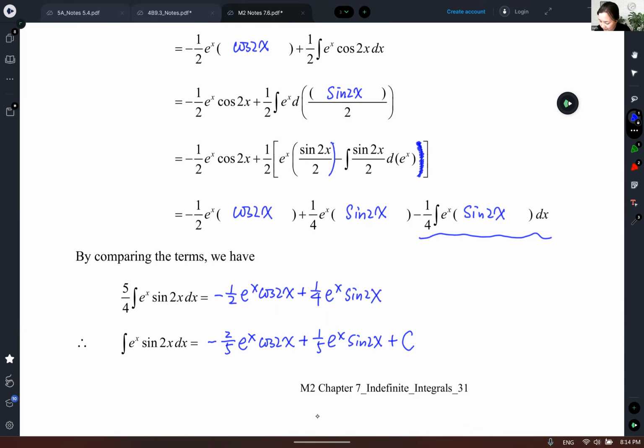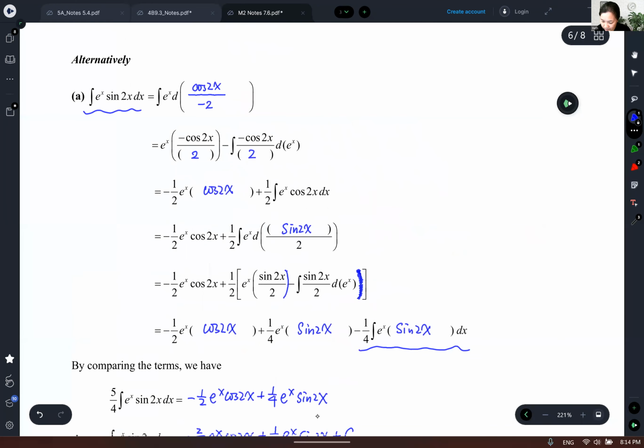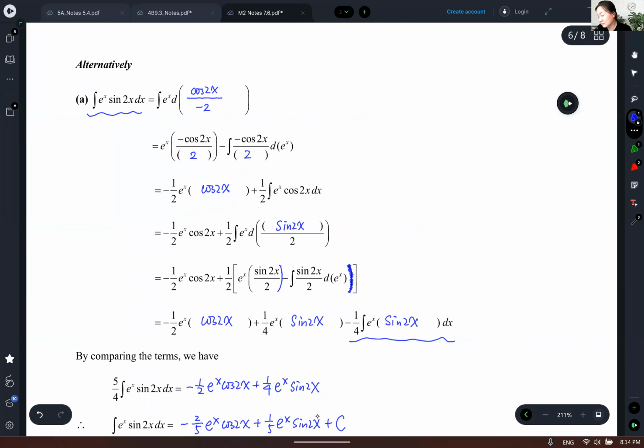Now, all I want to say is that for this type, again, the previous example and this example itself are a mixture of exponential and trigonometric. In that case, you can choose to integrate either part. This one is e^x dx equal d(e^x).